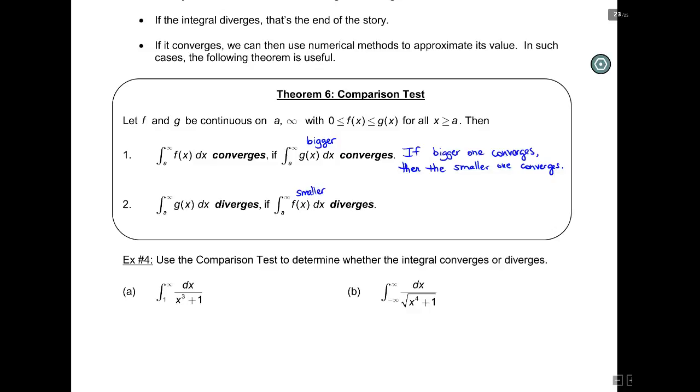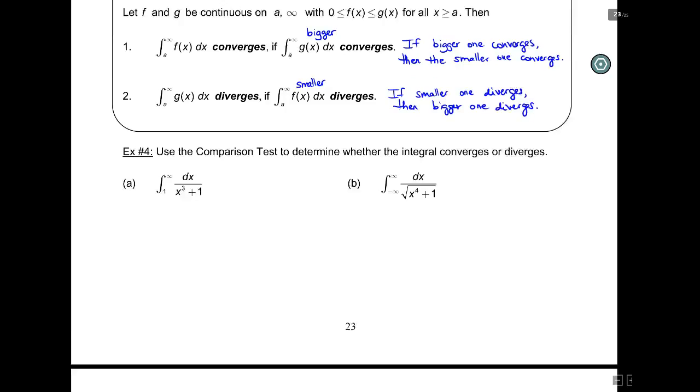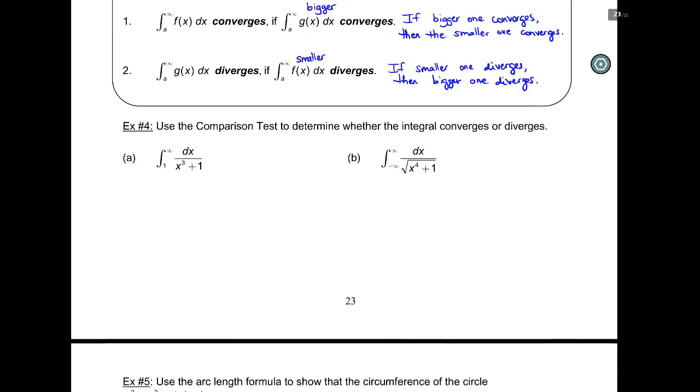Then the bigger one diverges. So if the smaller one diverges, then the bigger one diverges.